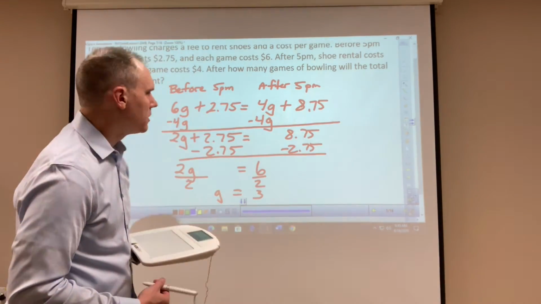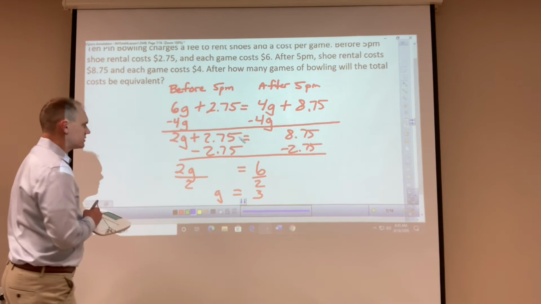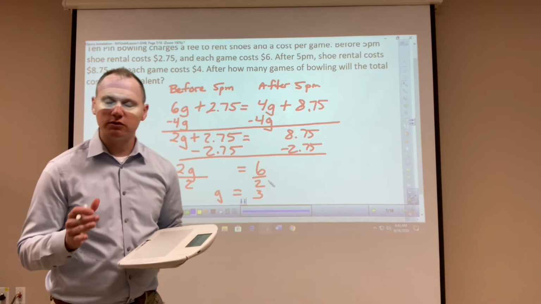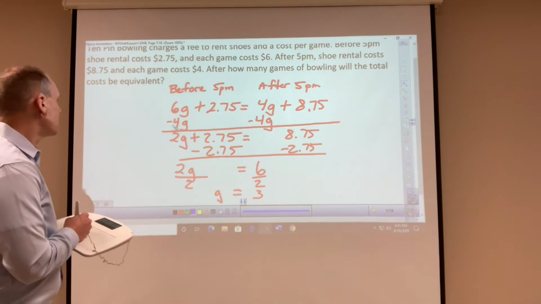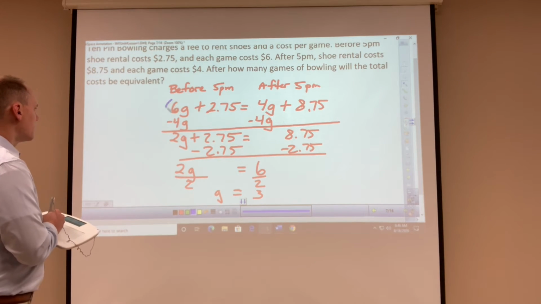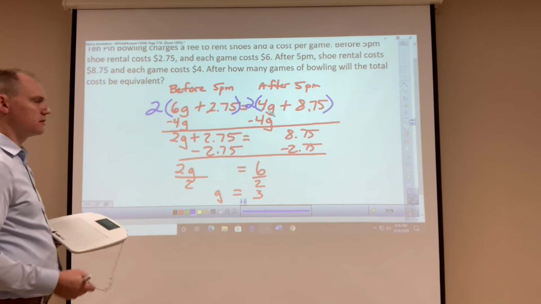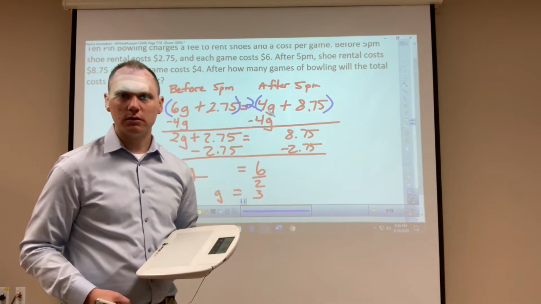And this is just on a side note here. This has nothing to do with this problem specifically, but I just want to point this out. If you wanted to multiply both sides by 2 from the beginning here, you have to multiply the whole left side and the whole right side by 2.